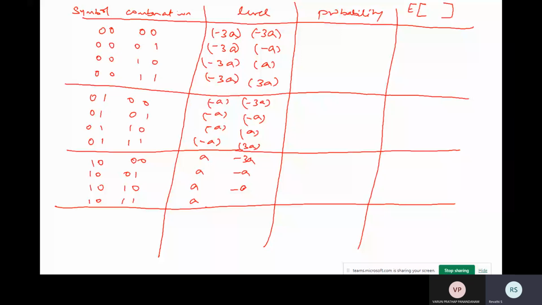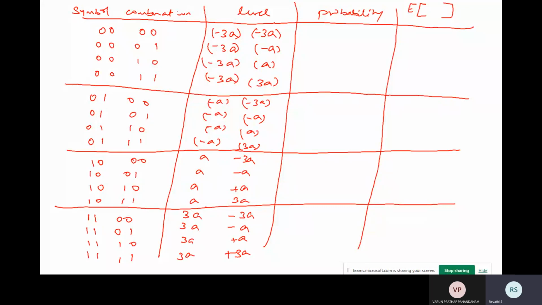Finally you have 1 1 with 0 0, 1 1 with 0 1, 1 1 with 1 0, 1 1 with 1 1. So 1 1 is 3a in the first duration, and the next duration may be minus 3a, minus a, plus a, and plus 3a. Okay, so these are the levels.